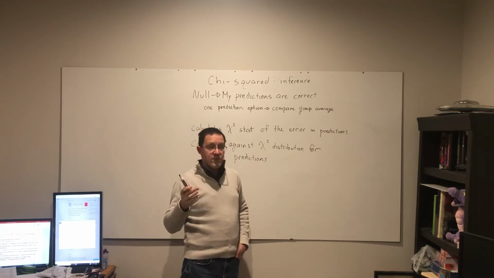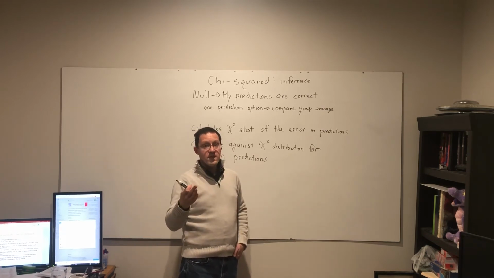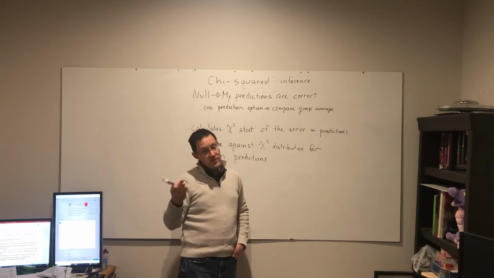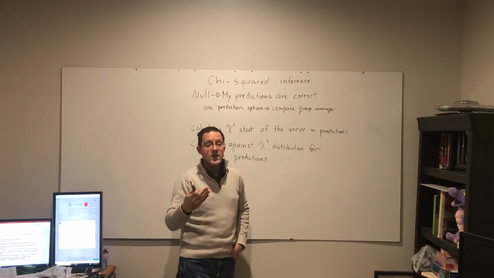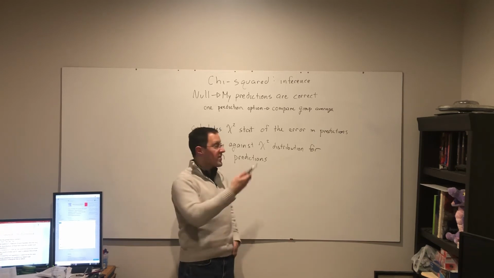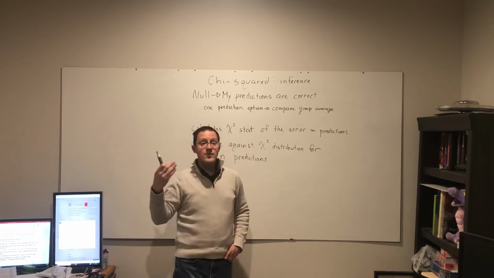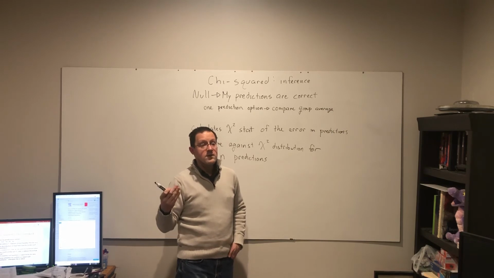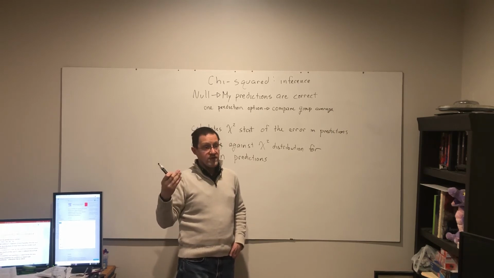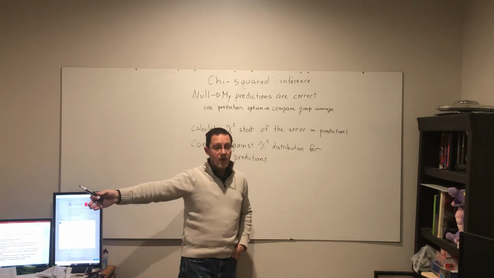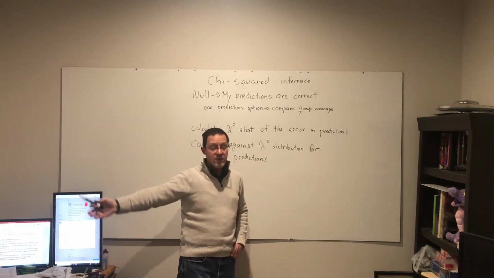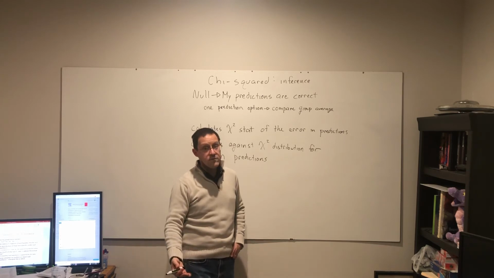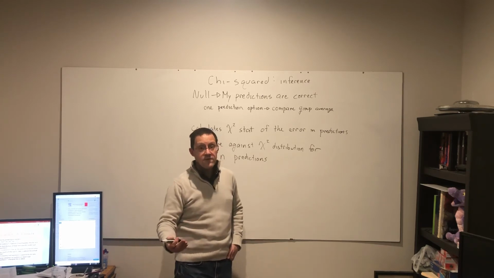Just as we saw with the F statistic, the F distribution changes with ANOVA based upon things like how many groups there are. Well, in this case, it's sensitive to how many predictions there are. So if I'm trying to predict 1,000 values, my chi-squared values are probably going to be larger than if I was only trying to predict 3 values. This accounts for that.